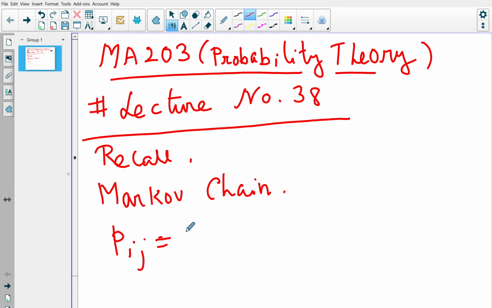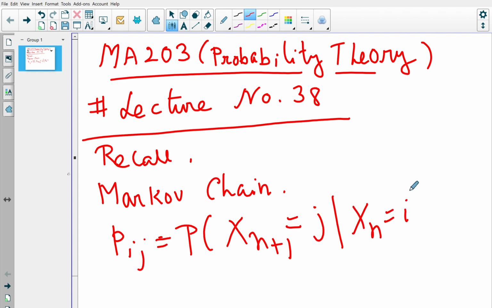This is the probability that X_{n+1} goes to state j given that X_n is in state i, for any n. Here i and j are elements of the state space S. So this was the definition of transition probabilities: the probability of going from state i to state j.